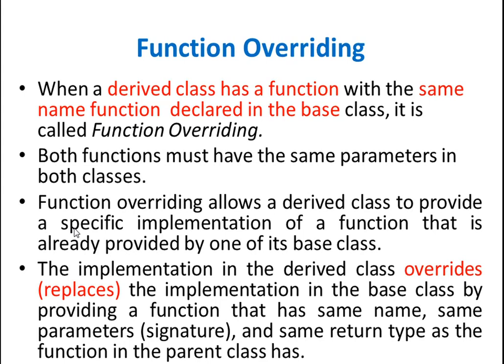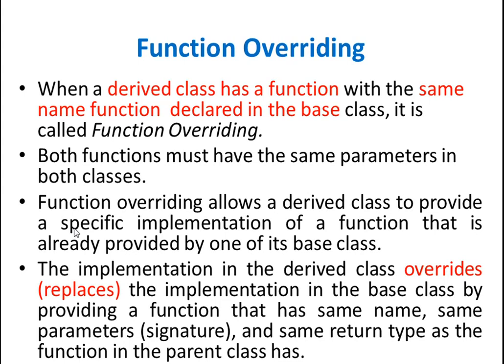In the derived class, overriding means replacing the implementation in the base class by providing a function that has the same name, same parameter signature, and same return type as the function in the parent class.